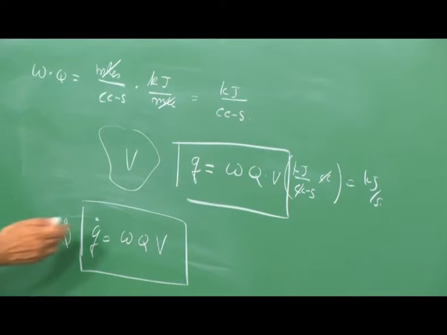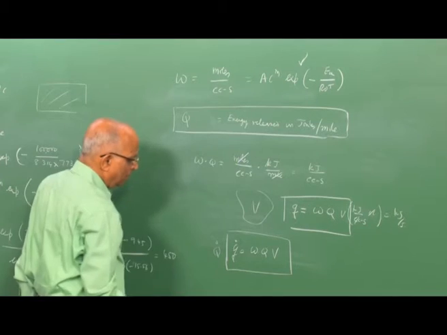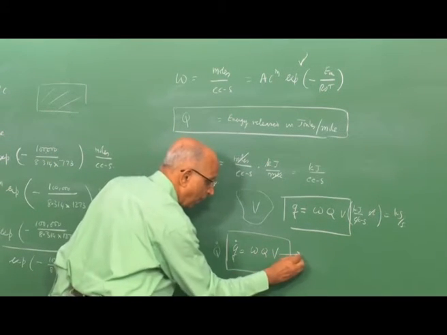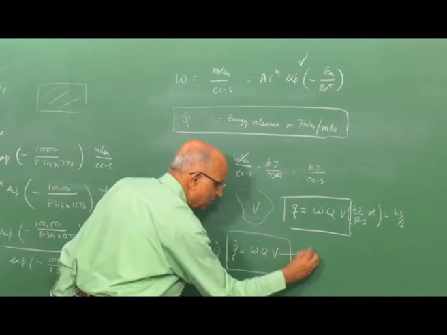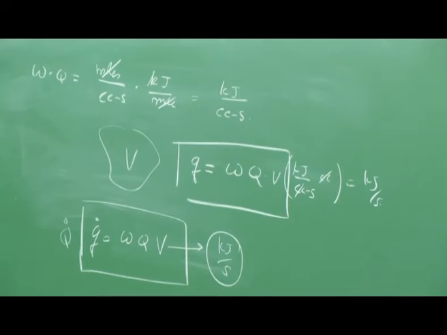Now, I want to be able to relate this heat release with the parameters over here. Let us quickly do that, but now I am in business. I know how to calculate the rate of energy release in kilojoules per second, and this is what we set out to do.